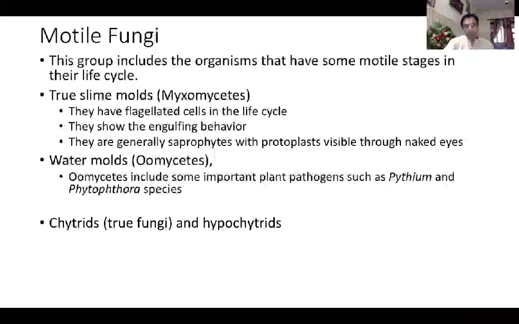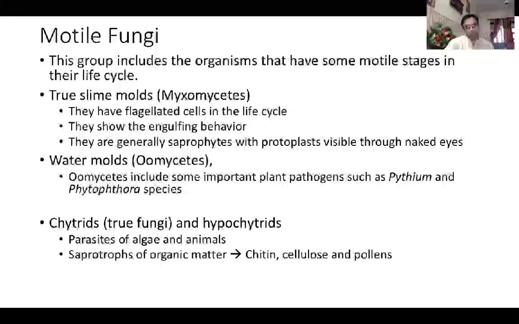So they have already been removed from true fungi. However, only the chytrids have been placed in true fungi. These chytrids are basically parasites of different animals and algae, and there are some saprotrophs which are also present. These saprotrophs use organic matter for their nutrition, especially they can dissolve chitin and cellulose and pollen.